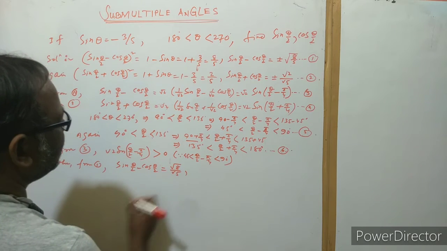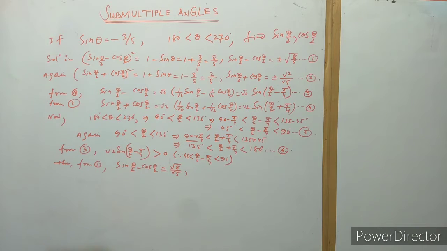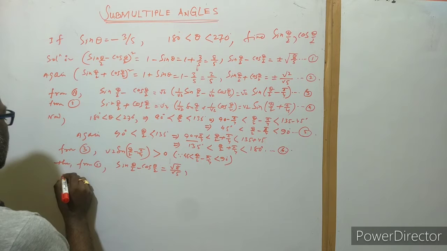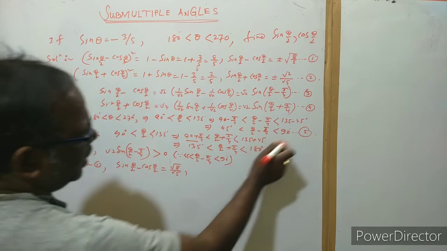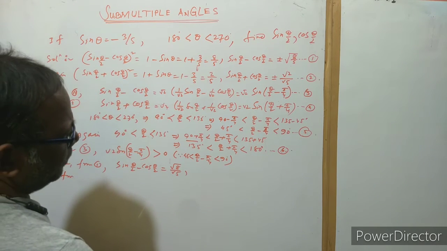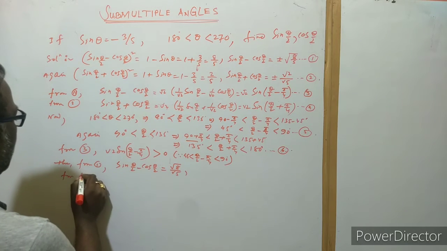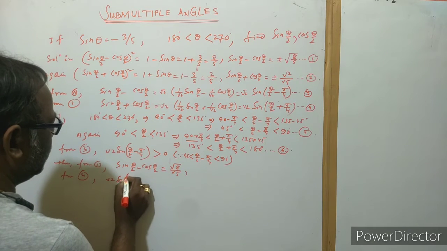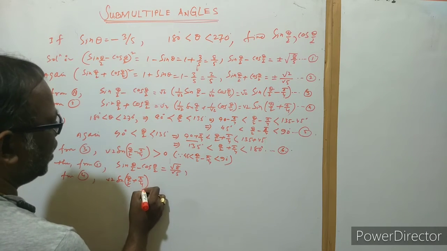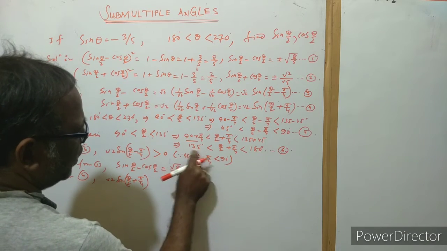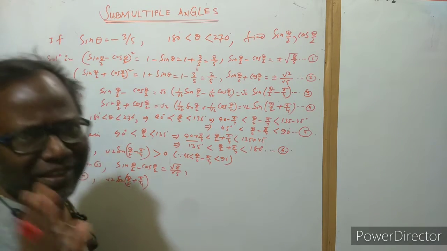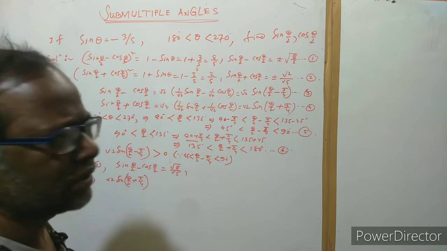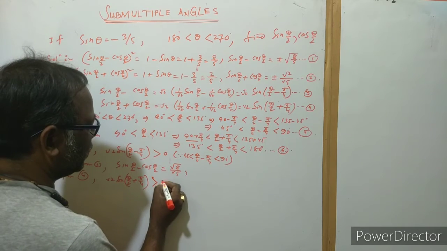We can't take the negative sign here. Okay, so this is the positive sign. And now from 3, this is 4 root 2 sin of theta by 2 plus pi by 4, and see, this is the range between 135 to 180, and this is the cell of sine, and so that's why in the cell of sine all the sine values are positive, so it is also always positive.